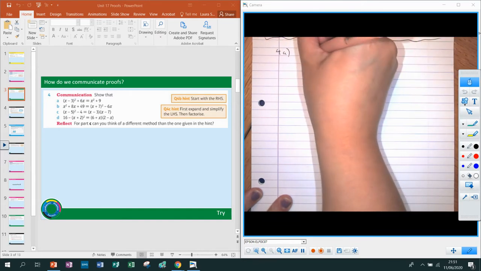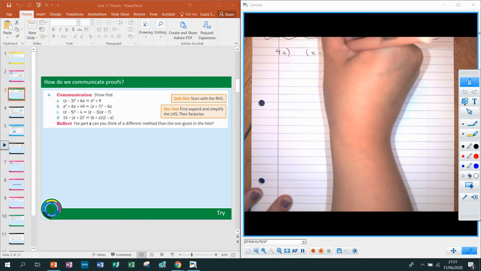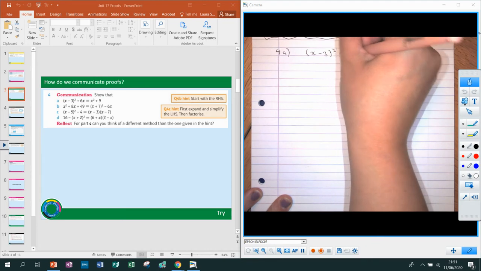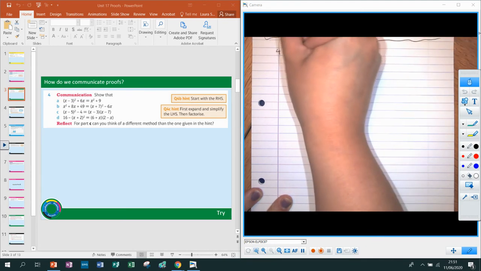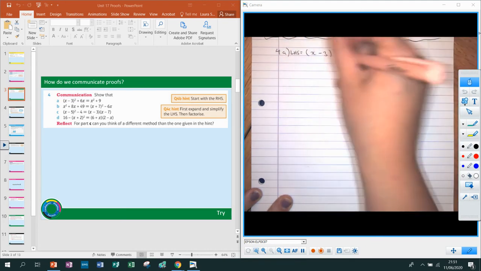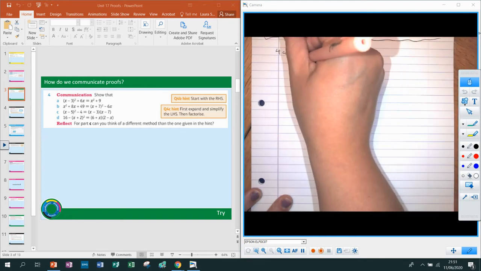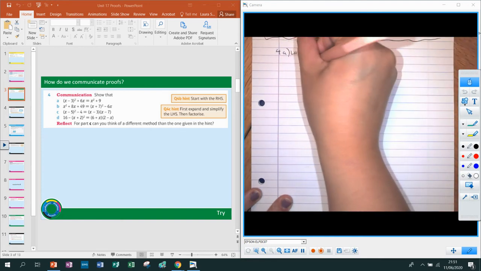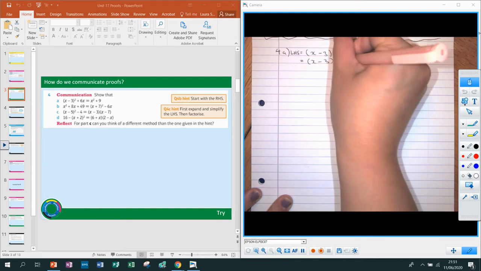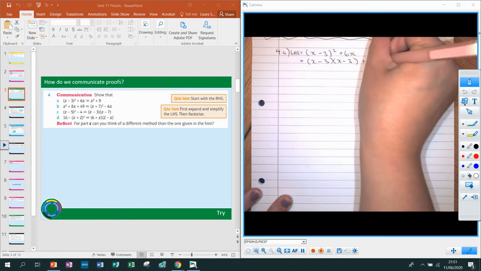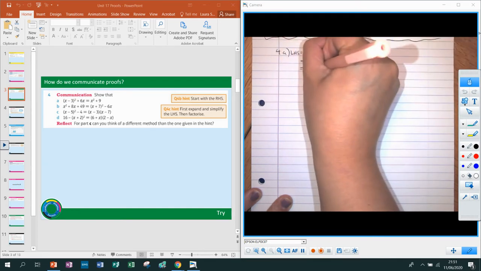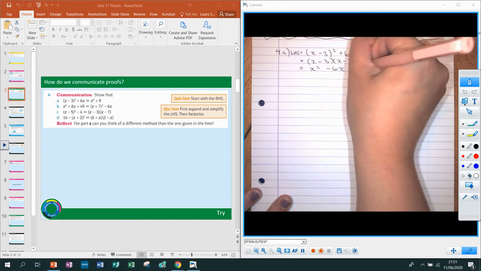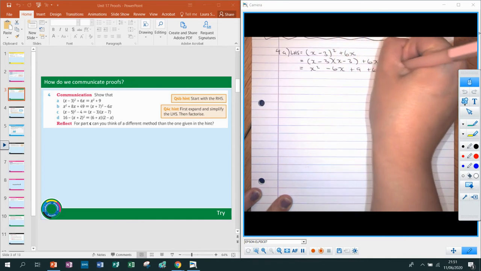Right, so here we have (x minus 3) squared plus 6x, and that is the left-hand side. Okay, that's the one I'm going to choose to expand. So that is equal to (x minus 3) times (x minus 3) plus 6x, which we know is x squared minus 6x plus 9 plus 6x.